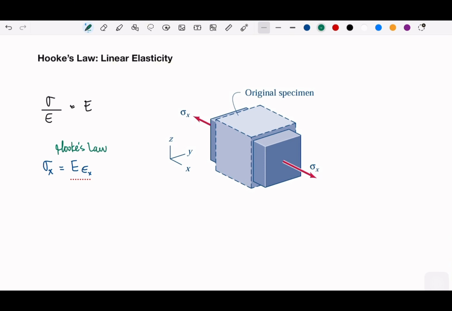Usually we use Hooke's law for a spring. For a spring, we apply some force, and then we release, and it goes back to the original shape of the spring. Suppose that we have this specimen, and to simplify our mechanics, we say that it is homogeneous, so there is no problem with the material, it is all the same. And then we could also say it's isotropic.